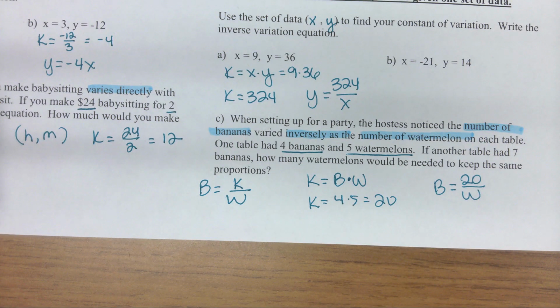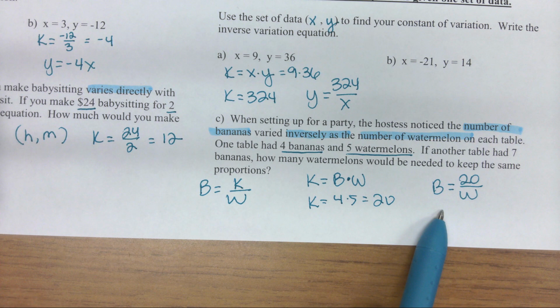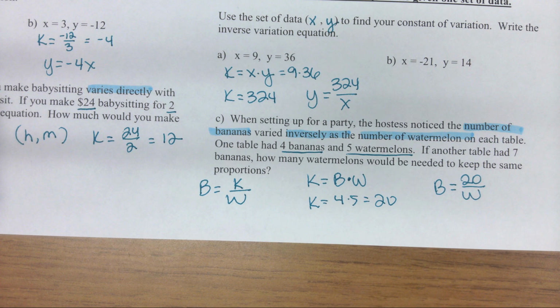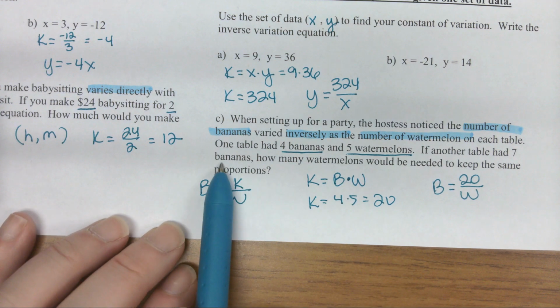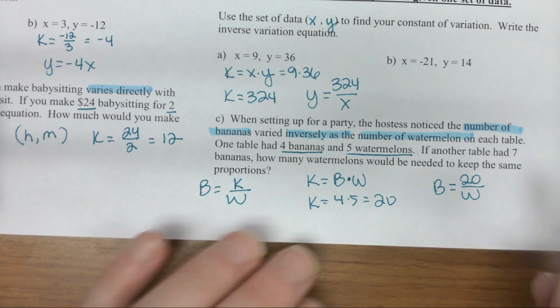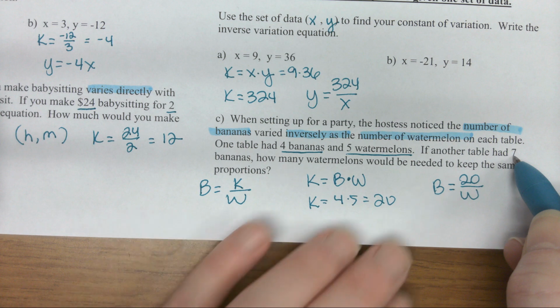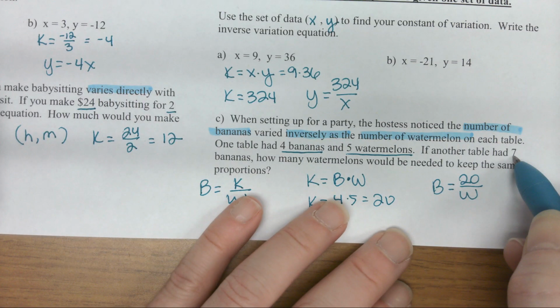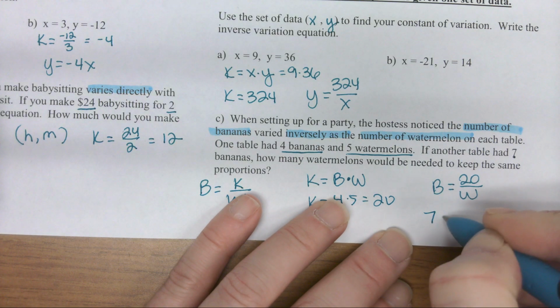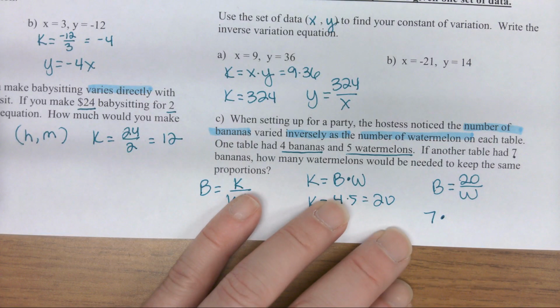If another table had 7 bananas, how many watermelons would be needed to keep the proportion the same? Ooh, how do I do that? Well, you can think of it this way. Didn't we learn that the bananas times the watermelons is always going to equal 20, right? How many bananas do I have? 7, right? I don't know the number of watermelons.